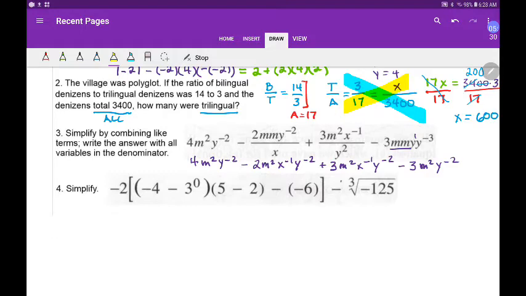Okay, what are the like terms? Well, let's see. What are the like terms? These guys look alike, right? They look alike. So we can put those together. All right. And let's see. These guys look alike. And so I can put them together, right?